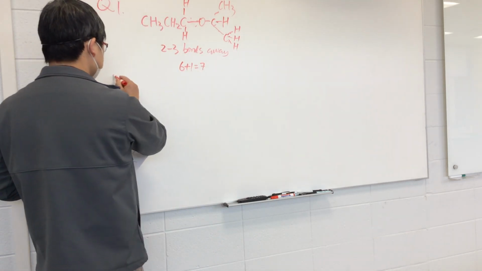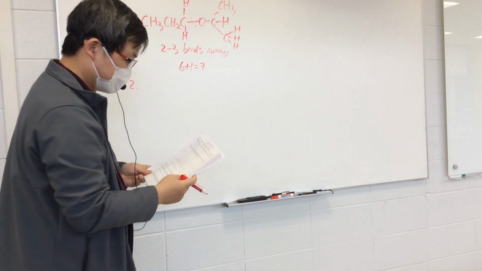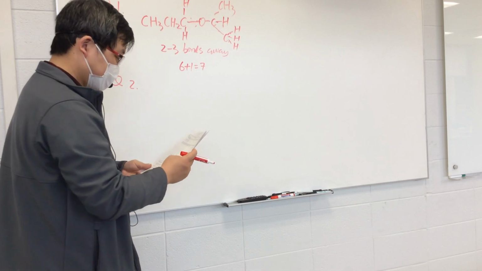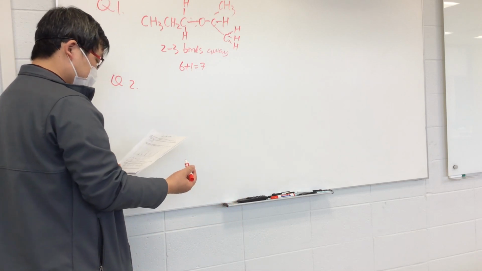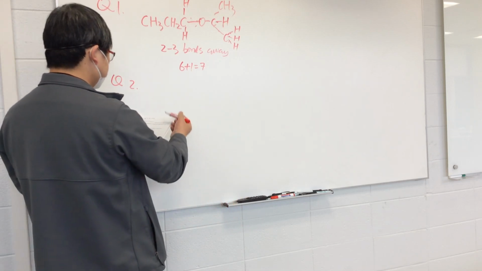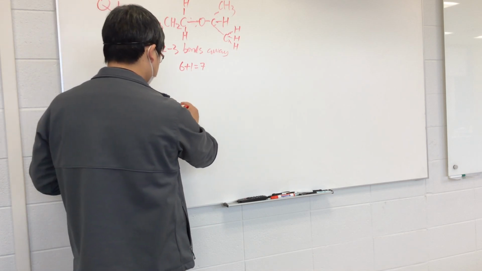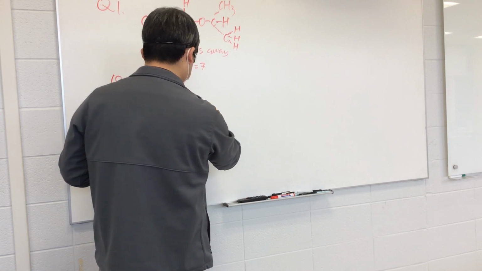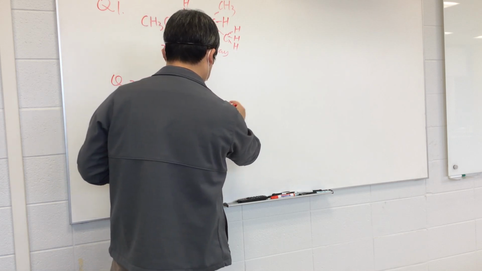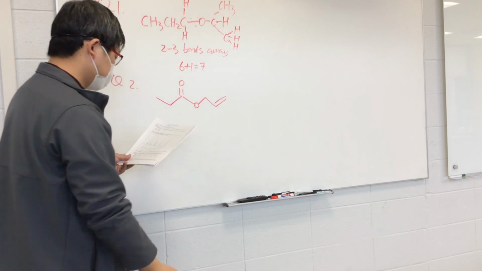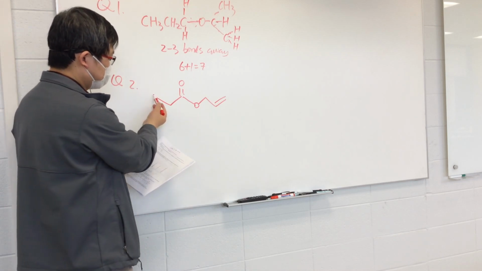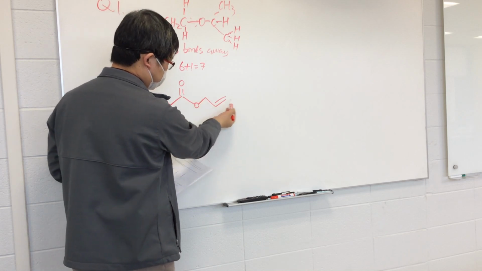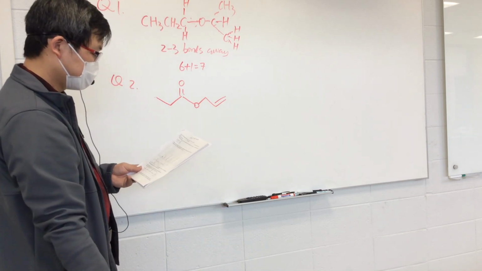Okay, let's move on. Question 2 is quite challenging. You see there are 5 distinct hydrogens, right? So we can count how many hydrogens: here, 1, 2, no hydrogen here, 1, 2, 3, 4, 5. Okay, that's good.